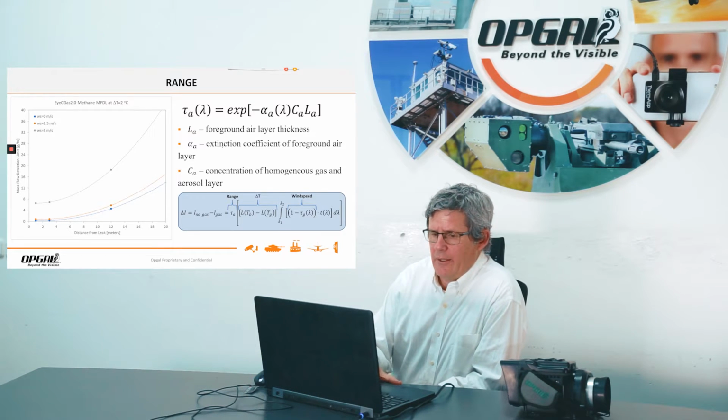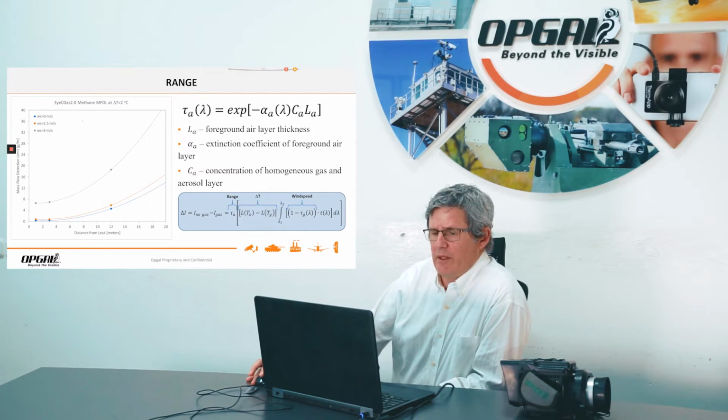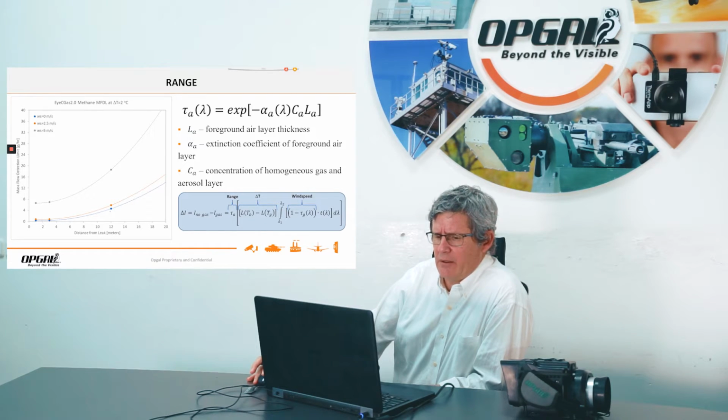So we can see on this graph a third-party study test that we did in France in 2015, where we tested the IC-GAS2 camera at three distances and in different wind speeds. This is for methane, and temperature difference is defined as 2 degrees.